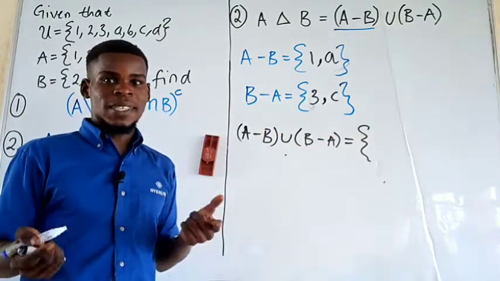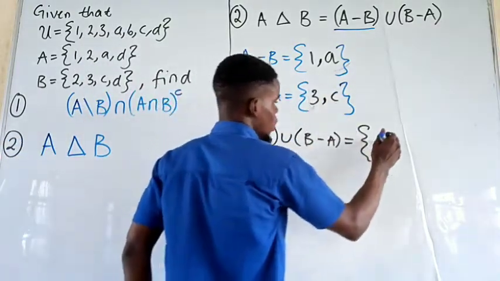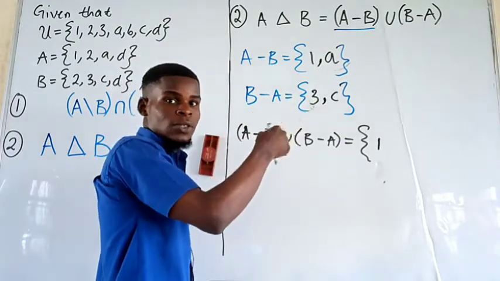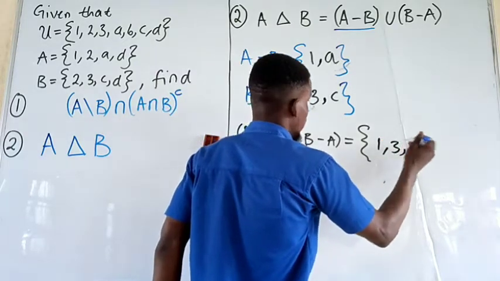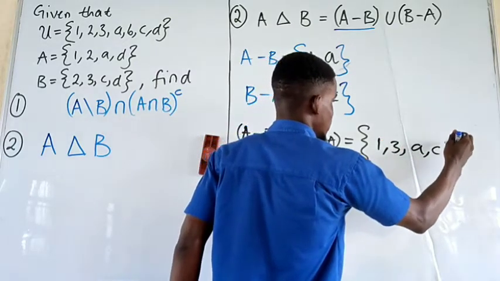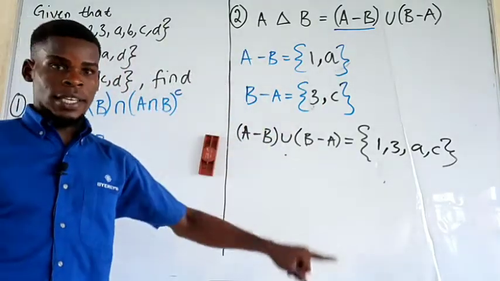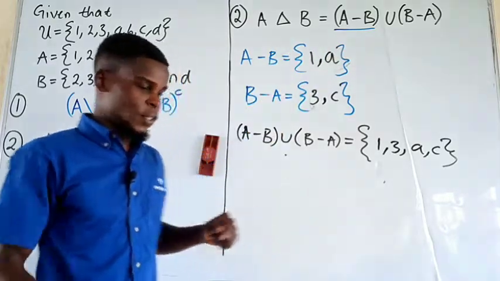We don't need to repeat. It does not matter. So we see that we have 1 in the first set. We will just collect them, so the arrangement does not really matter. So we have 3. I would like to arrange the numbers first. And we have a, we have C in the new set. So this new set is the symmetric difference.